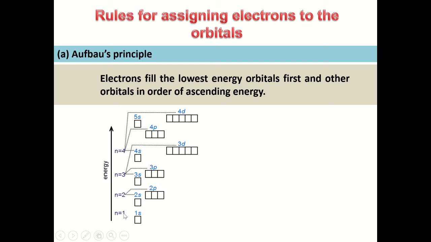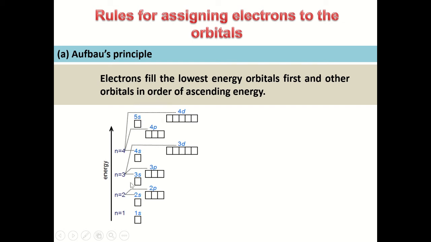When n equal to 1, there is one s subshell. N equal to 2, there is 2s and 2p. When n equal to 3, there are 3 subshells, 3s, 3p, and also 3d. For n equal to 4, there are 4s, 4p, and 4d. And for n equal to 5, we have 5s and so on.